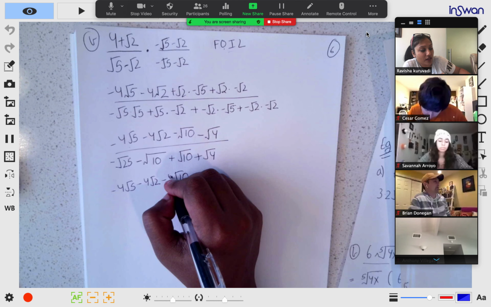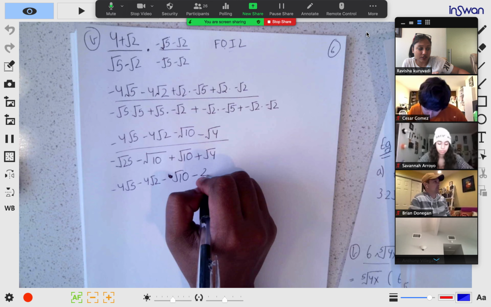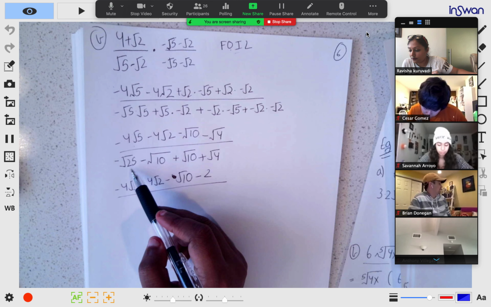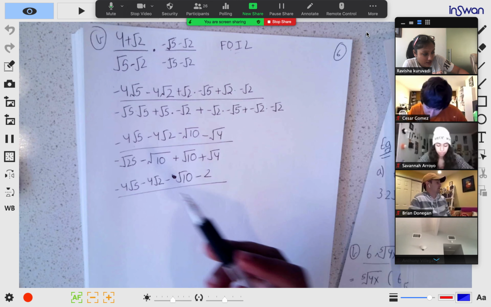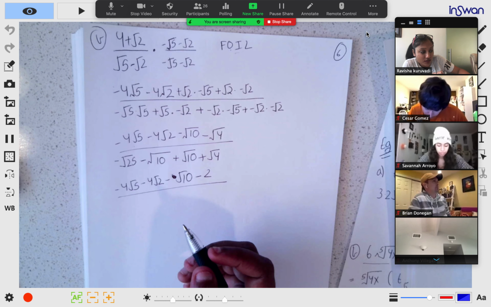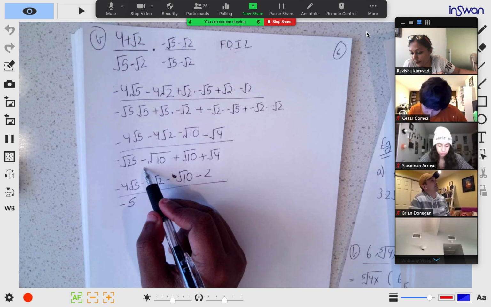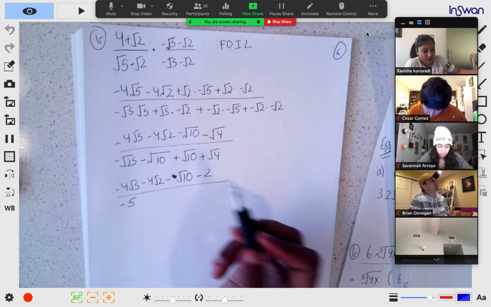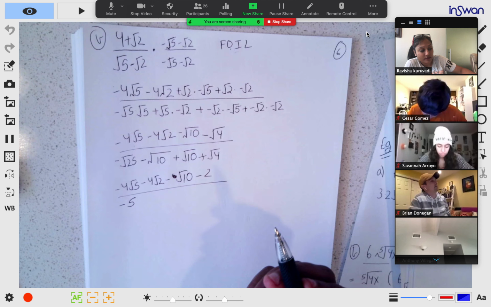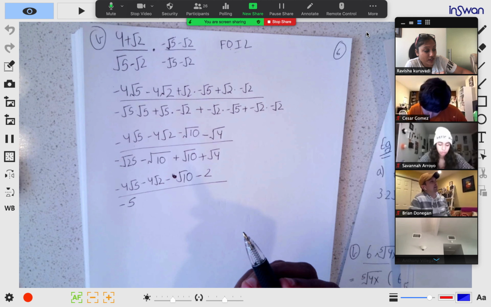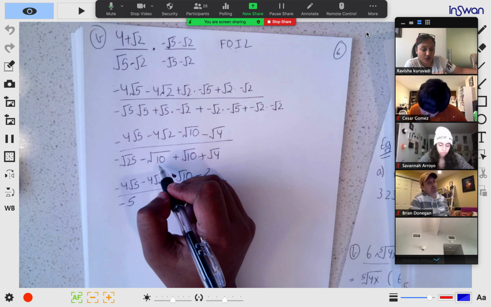Okay, what about here? Can you tell me what the negative square root of 25 is? It's negative 5. Square root of 10, what is negative square root of 10 plus square root of 10? They cancel, right? One is positive, one is negative, they are the same, they cancel.